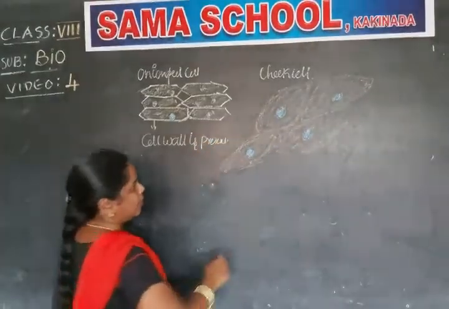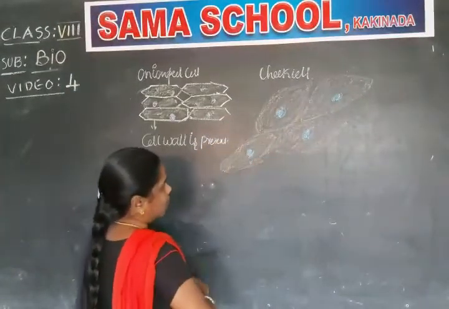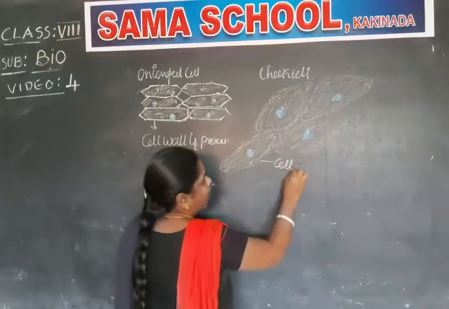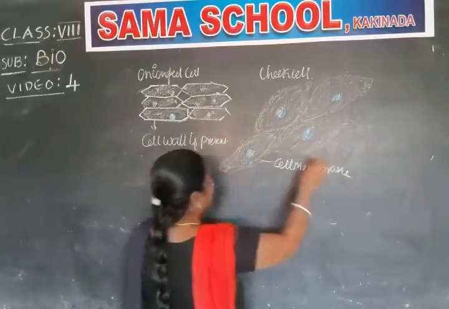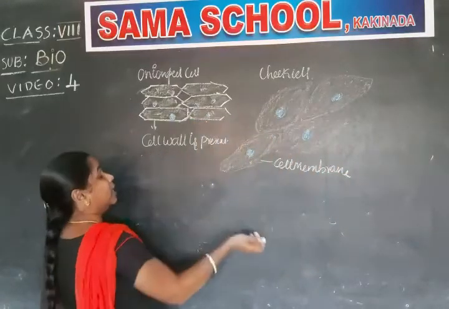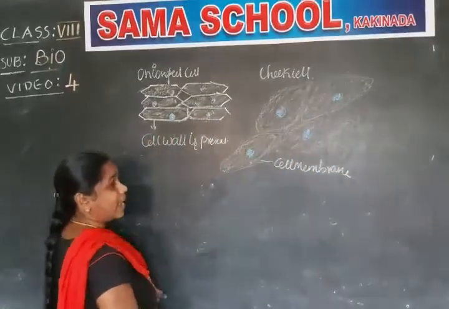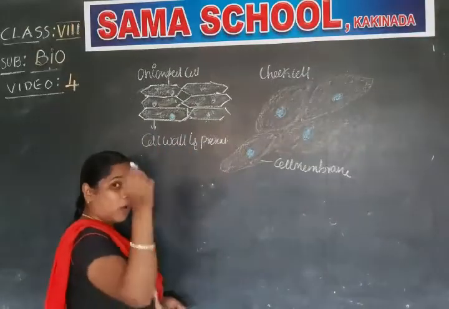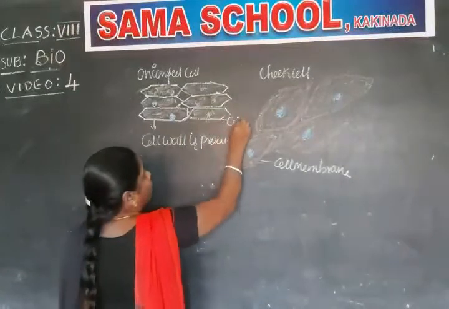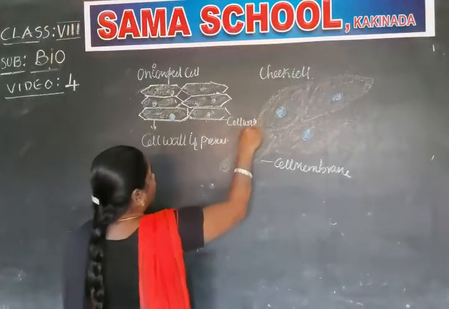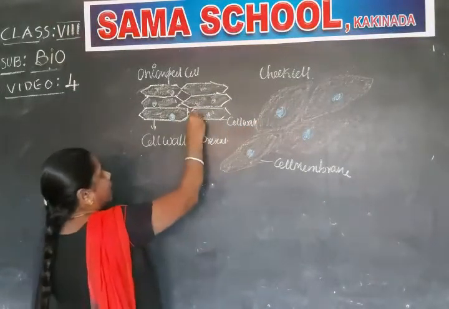Here you cannot see it clearly, so it is called the cell membrane. That means in the plant cell the cell membrane is there, and the cell membrane is also surrounded by another extra layer called the cell wall. Understand? So if you see, you can see another membrane.